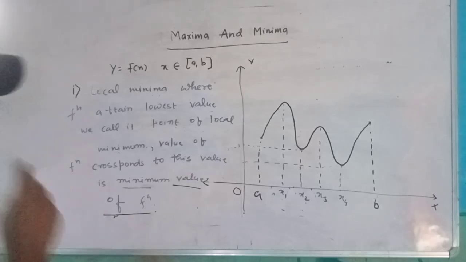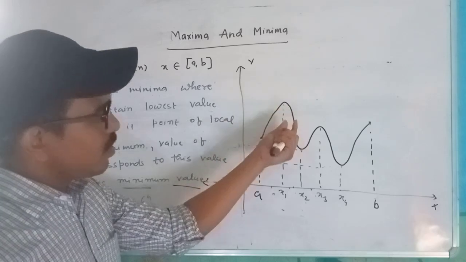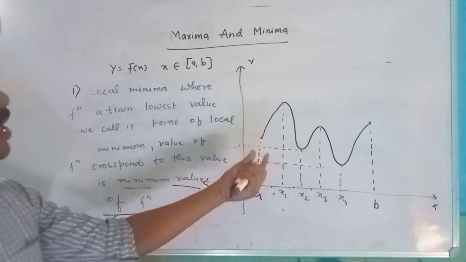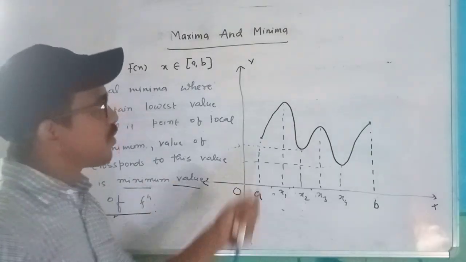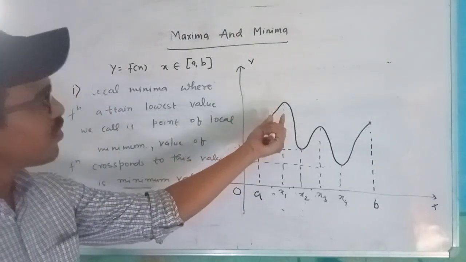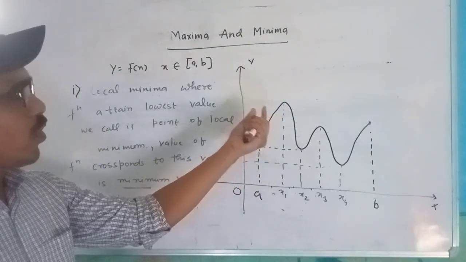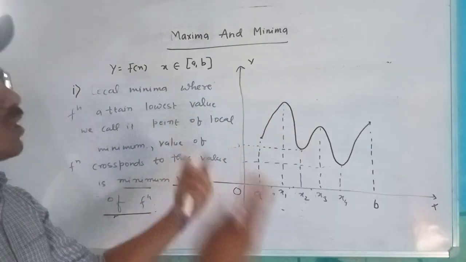Similarly, students, the local maximum where the function attains the maximum value, we call the point of local maximum, and the value of the function corresponding to the point of local maximum is the maximum value of the function.